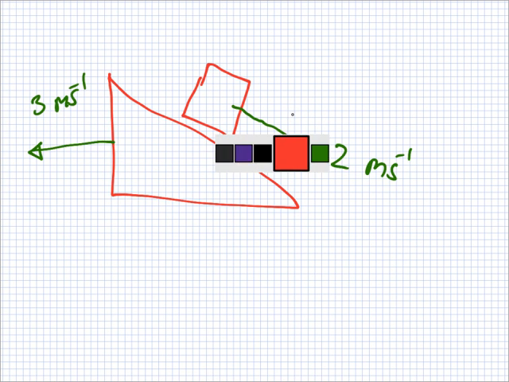Now, I want to know what is the final magnitude and direction of the block. He's not really moving at 2, because he's on this that's moving at 3. Imagine this was moving at 30, would this be moving right or left? Left. Yeah, in total it'd be left because it's on something going so fast to the left.